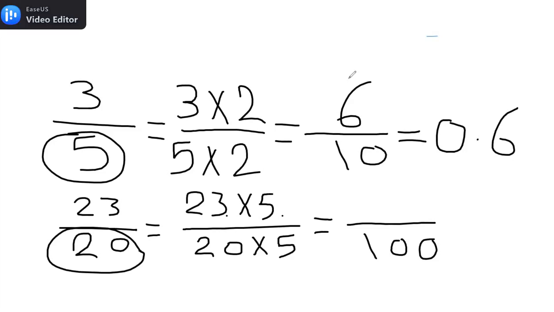Okay, 5 and carry 1. 5 times 2? 10. 10 plus 1? 11. So the new fraction, which is equal to the original one, is 115 over 100. The new fraction that we made, which is at the same time equivalent to the original fraction, is 115 over 100. Now, can we write it in the form of a decimal?